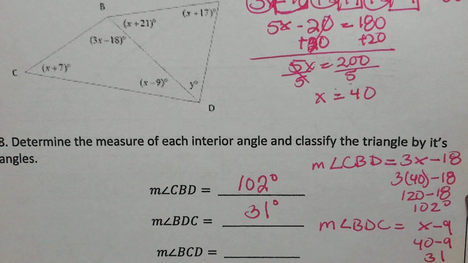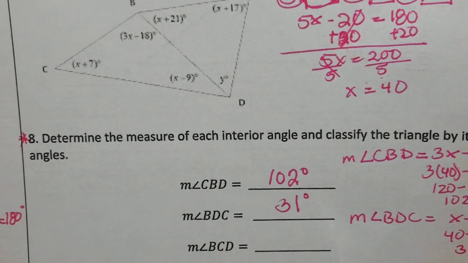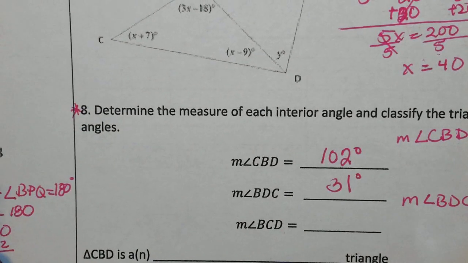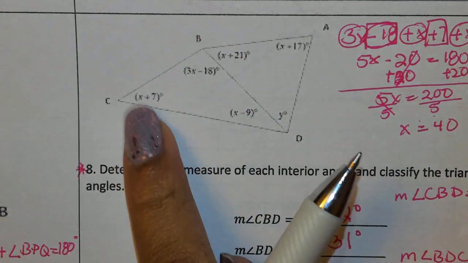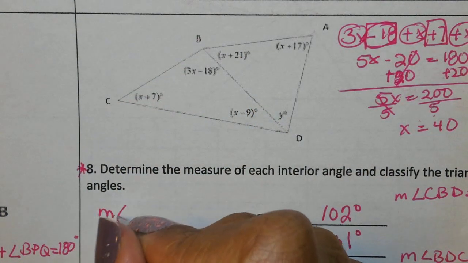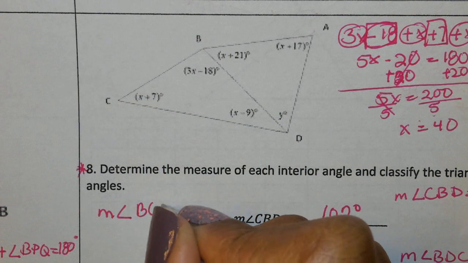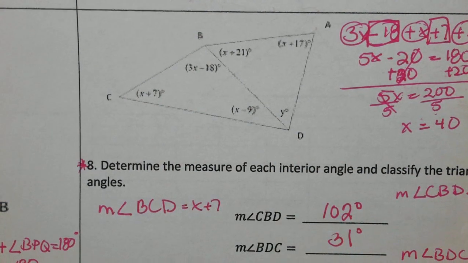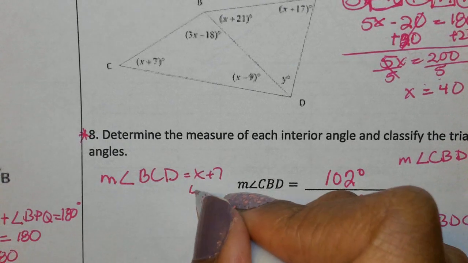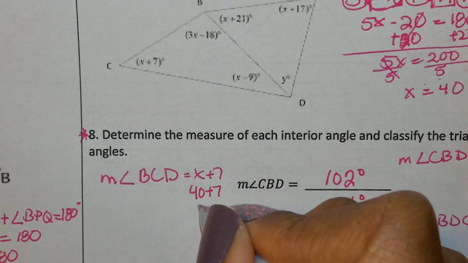And then of course in the last one, BCD, we go back up here, BCD, and of course the measurement of angle BCD was equal to x plus 7. And of course, just simply fill that in. 40 plus 7, we get 47.